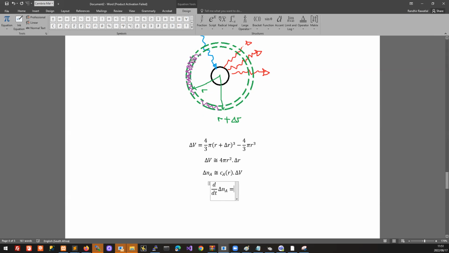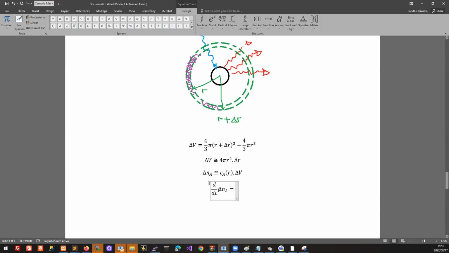And by the way, again, this thickness, it's not a real thickness. There's no actual ball there. This is an imaginary space, right? We are arbitrarily picking in the fluid some position r from the center and some other position r plus delta r. So that's some imaginary ball and an imaginary thickness.